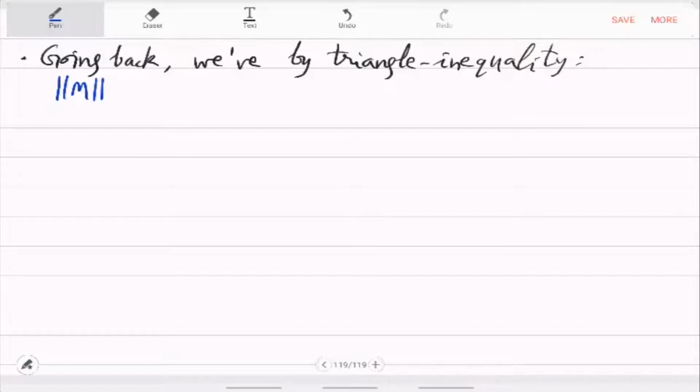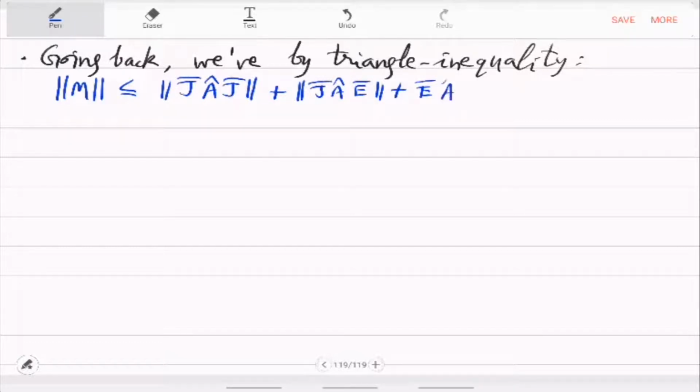So you will get that this is less than or equal to the norm of the first term, which is J bar A hat J bar, plus J bar A hat E bar, plus E bar A hat J bar, plus E bar A hat E bar.